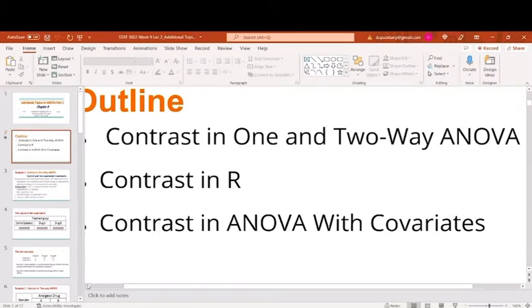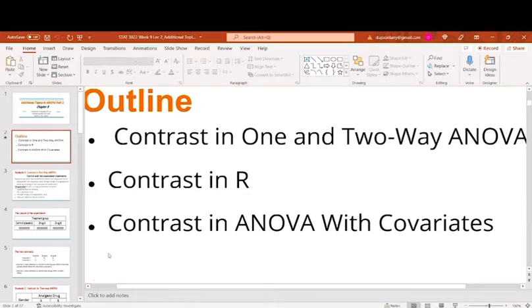Then I'm going to demonstrate how this can be implemented using our software. Then I'm also going to walk you through an example of contrast in ANOVA with covariate. Okay, so let's get started.